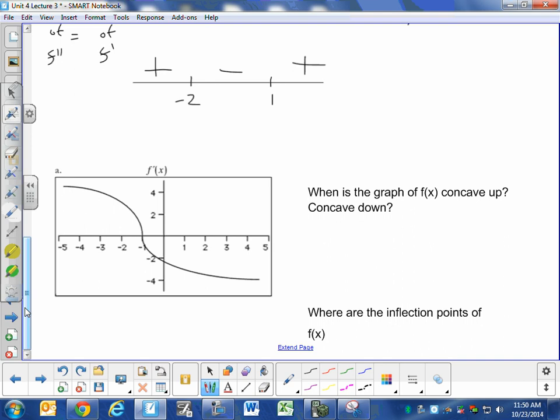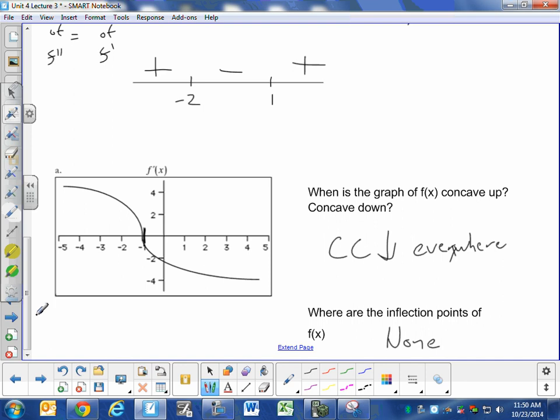So what does that mean? Exactly. The entire graph of f is concave down everywhere. We'd actually have an undefined situation where we have a possible point of inflection, but it wouldn't be a point of inflection. So there's no points of inflection.